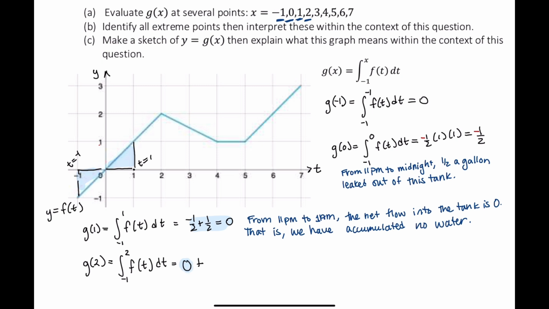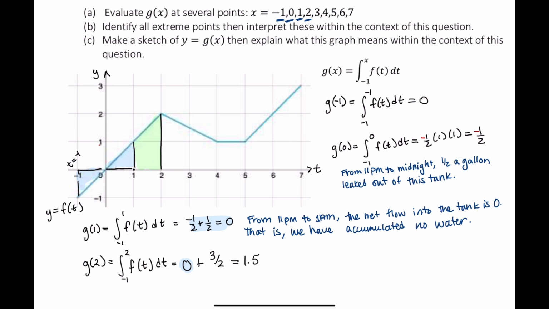And then what do I have here? So now when I go all the way to t equals 2, I'm going to accumulate this much more of this area here. I'm going to accumulate that much more water. And what is the area here? I see one full square and then a triangle that's half a square. So it's 1.5 or 3 over 2. You know what, let me write this as a decimal since that'll make more sense when we explain this in context.